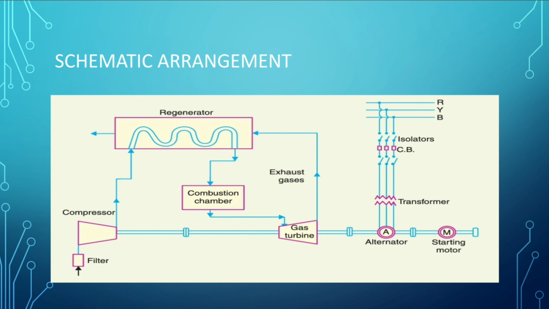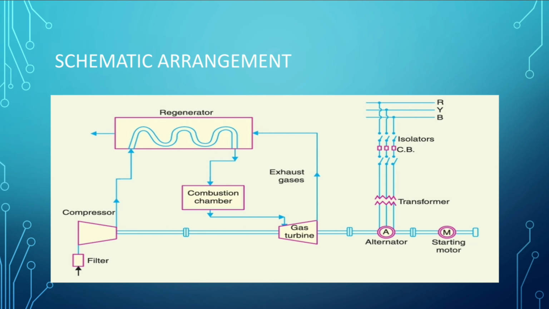Schematic arrangement of a gas power plant. As we can see in the schematic diagram, there is need of some necessary equipment for the generation of electrical energy by utilizing the heat energy. As we have said in the working principle, air is used as the working fluid. First, the air is compressed by means of a compressor. The compressed air is led to the combustion chamber.